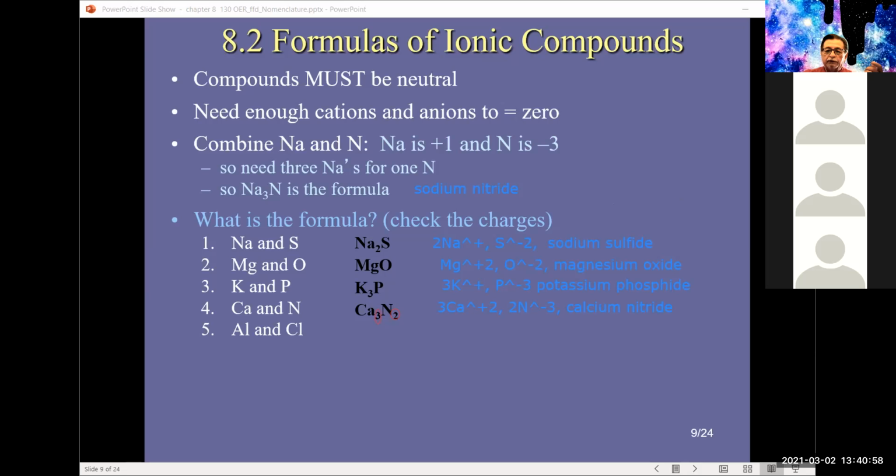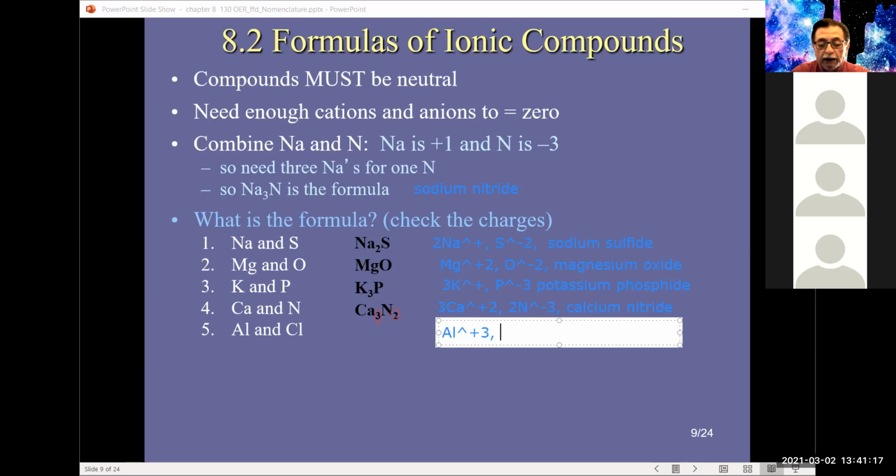Here we got aluminum. Similar scenario, in that the first thing we do is put everything into ions. So aluminum, being in group 3, being a metal, will have a +3 charge.